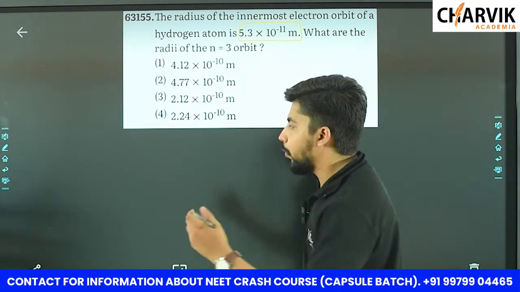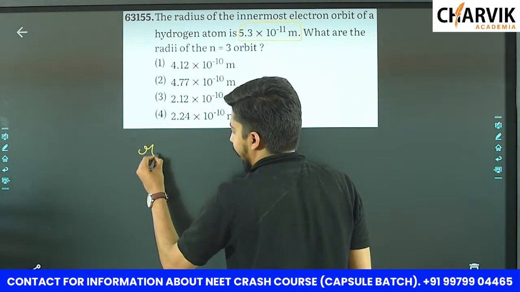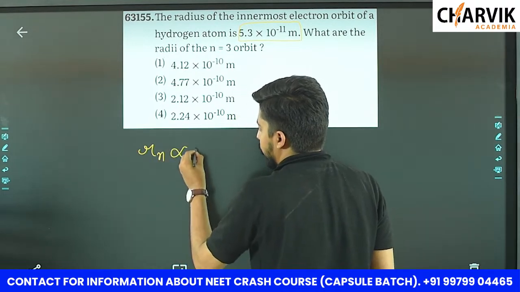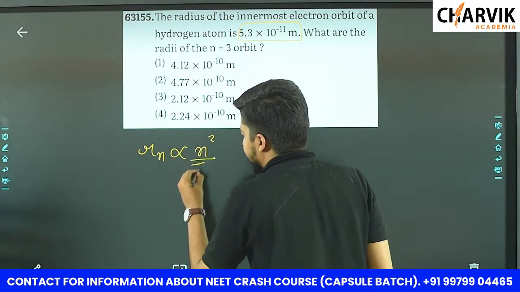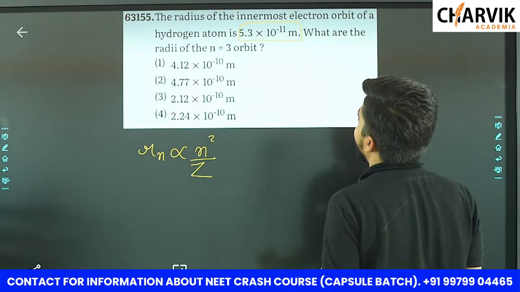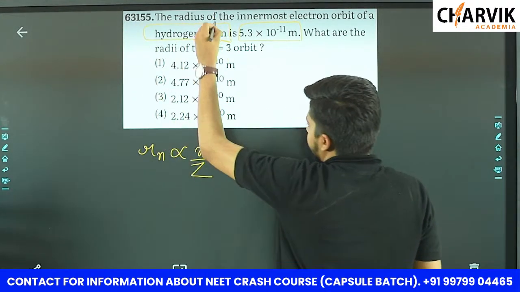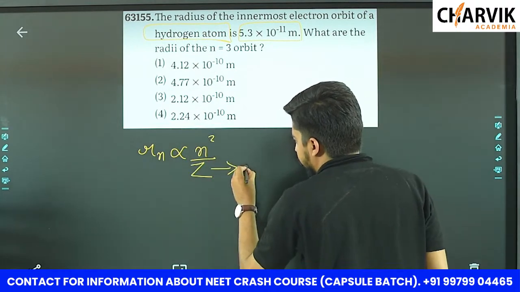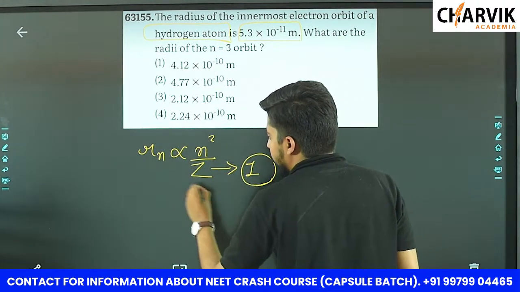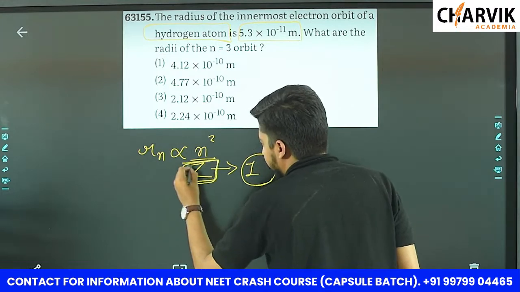Again, the same formula will be applied, that r of n is directly proportional to n square divided by z. And as in the previous year's paper, again they are asking it for the hydrogen atom, and for the hydrogen atom the atomic number is 1, so we don't need to worry about this z.